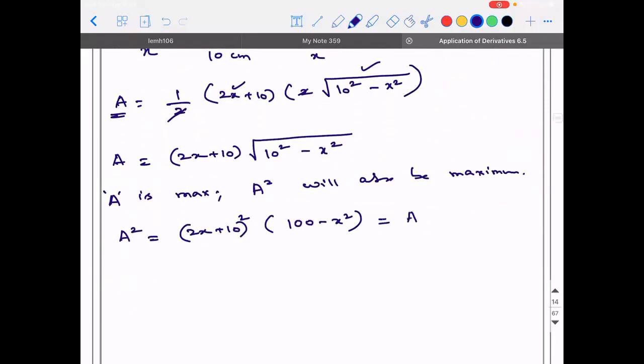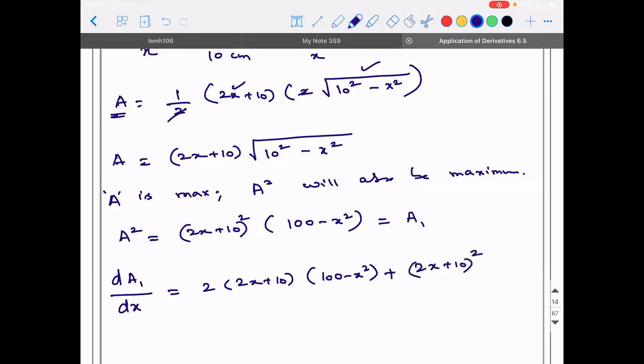Okay, let me call this a1. So the derivative of a1 with respect to x will be how much? 2 into 2x plus 10 into 100 minus x square plus 2x plus 10 the whole square into minus 2x.